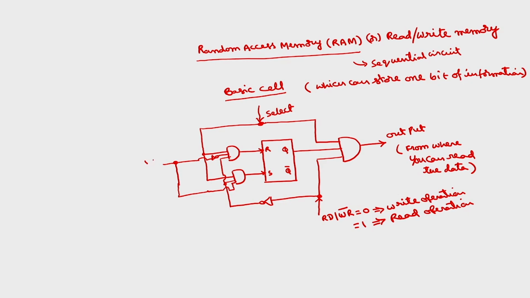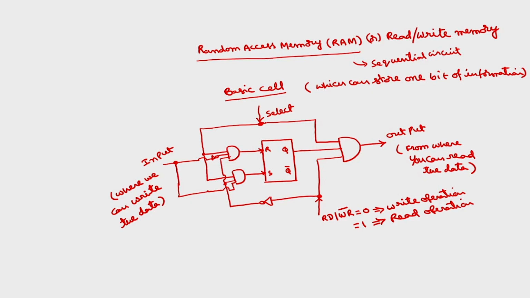This is the input where you can write the data. This is the complete 1-bit basic memory cell. We have one input signal, one output signal, one select signal, one read by write bar signal.